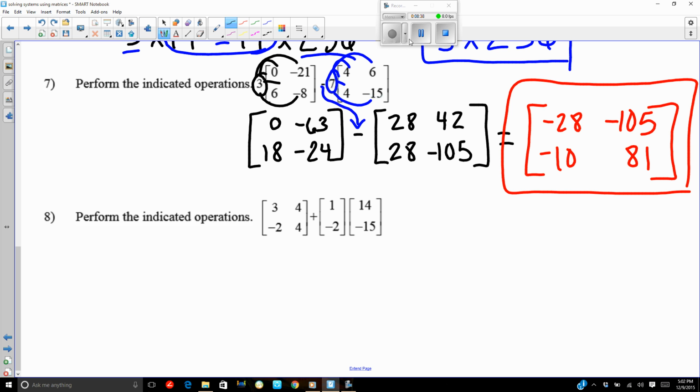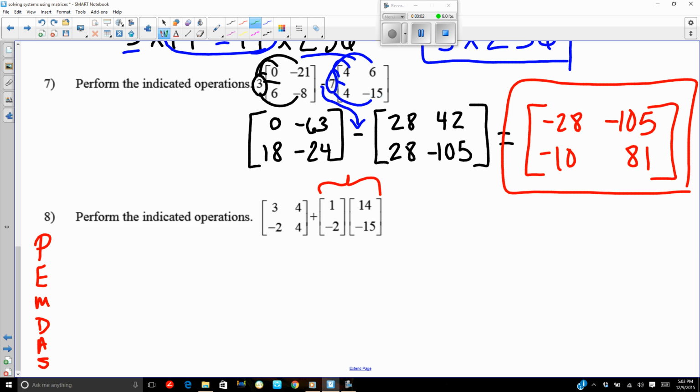All right, I'm going to move down. So 8, we are adding and multiplying. So you have to follow order of operations, PEMDAS, multiplication comes before addition. So we have to multiply these two matrices, but always check the dimensions first.